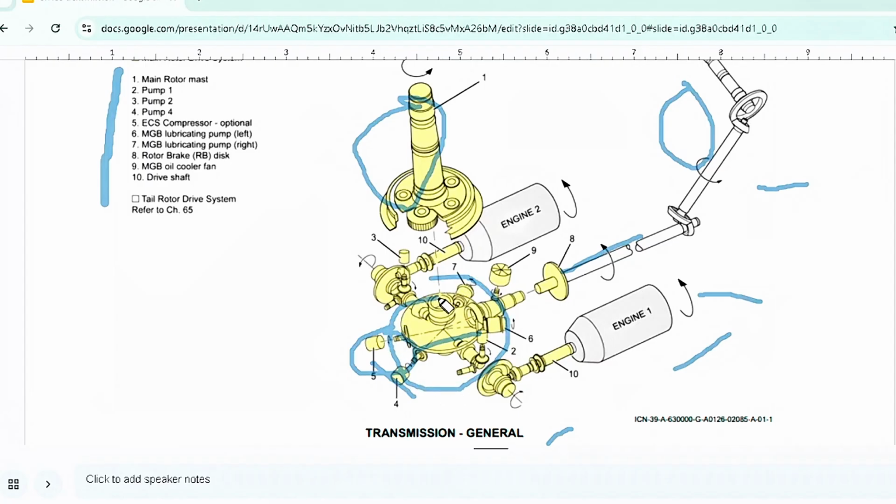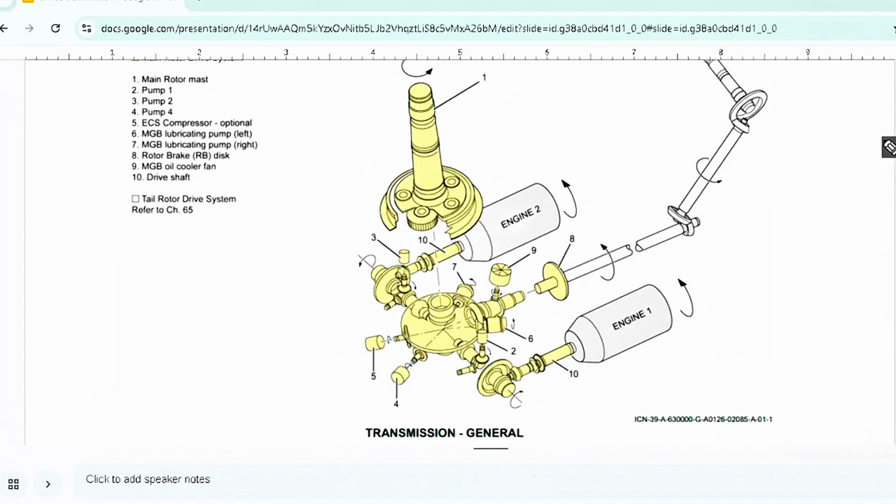Now let's see the component locations like pump 1, pump 2, and pump 4. Here is pump 1, here is pump 2, here is pump 4. Now where is pump number 3?